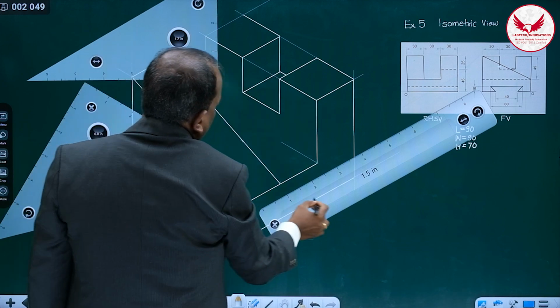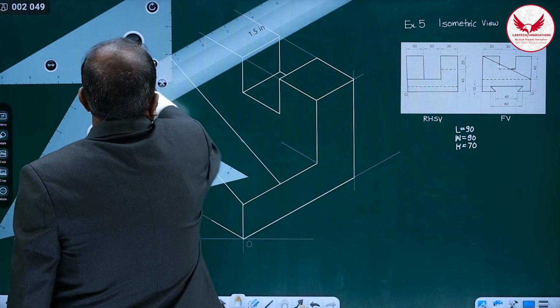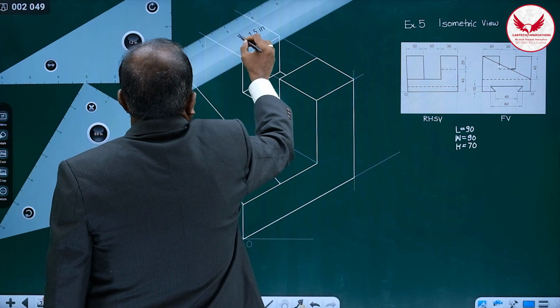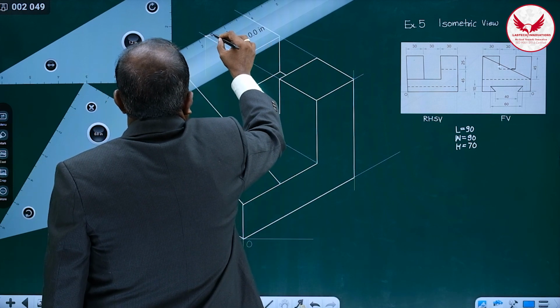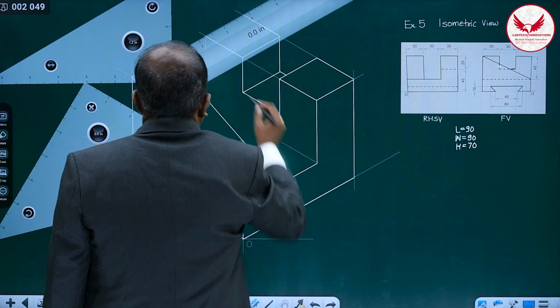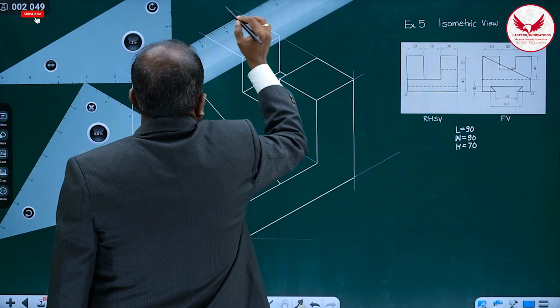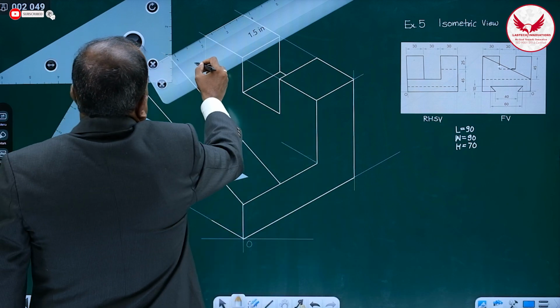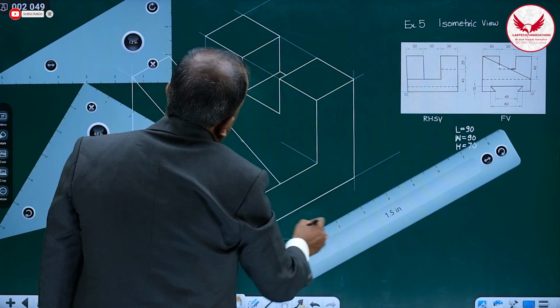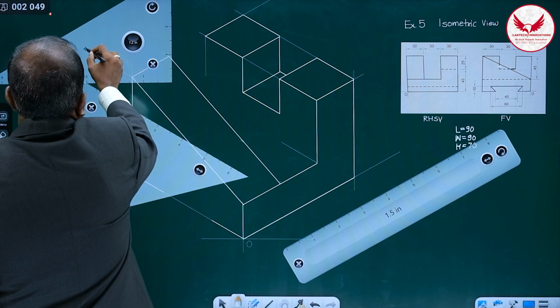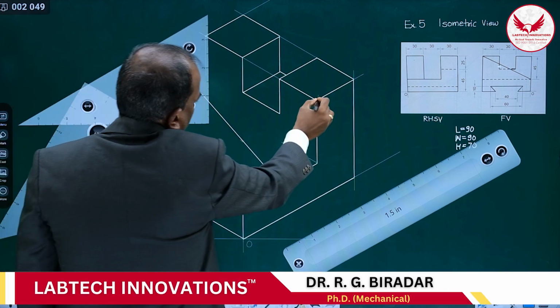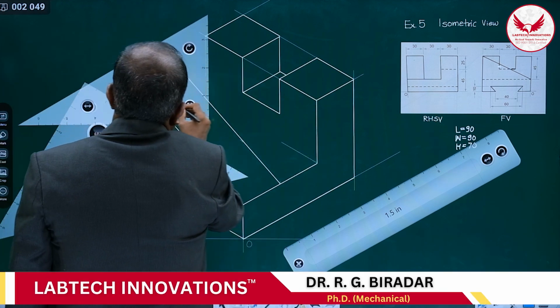And it is 30. So here the depth of this portion is 25 and it is 45.